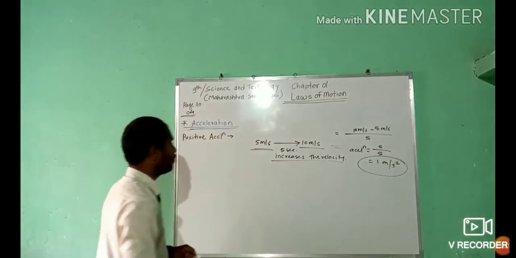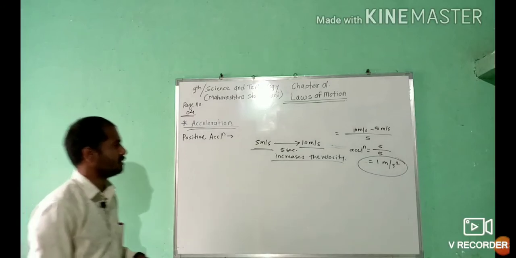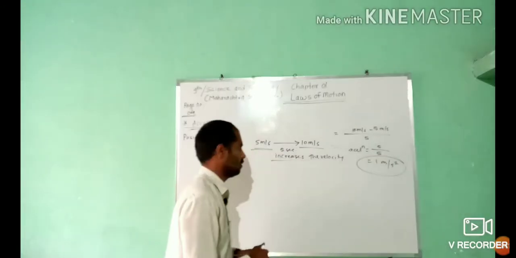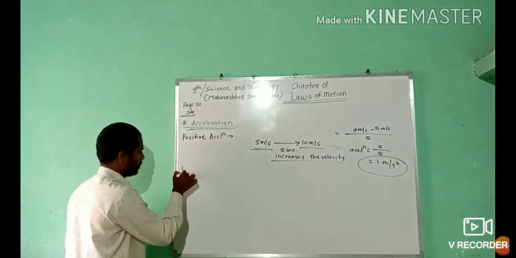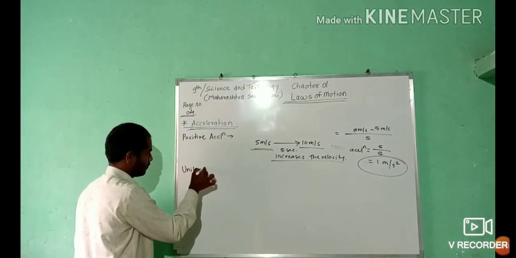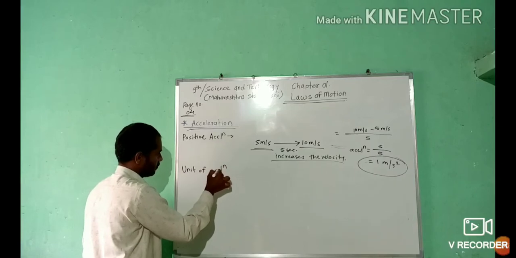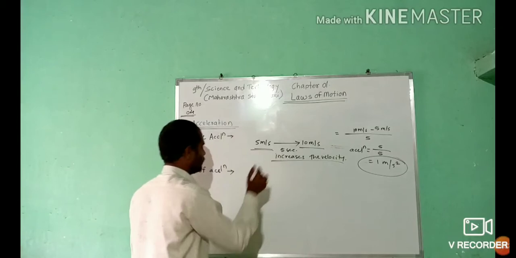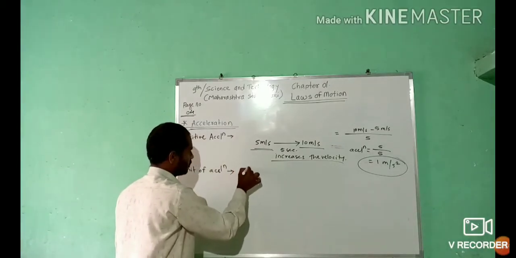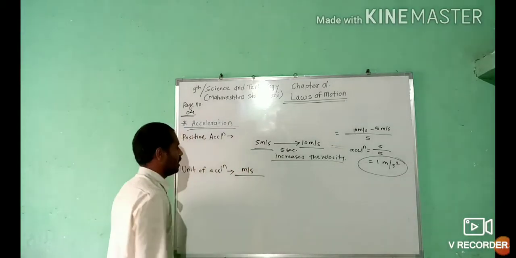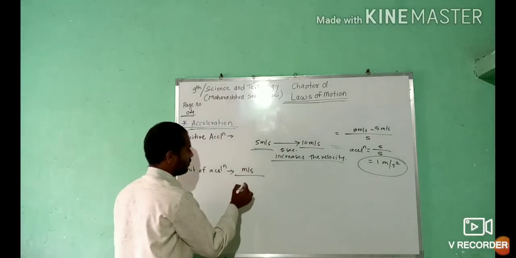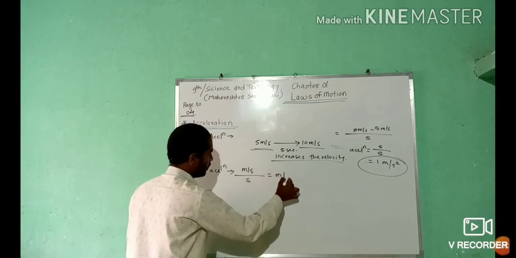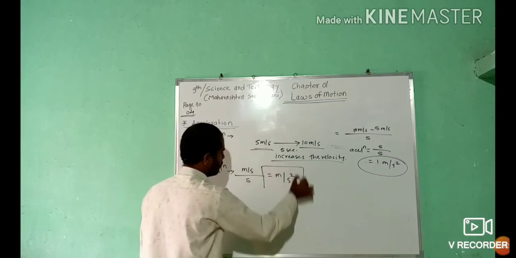Before moving to negative acceleration, we should know the unit of acceleration. What is the unit of acceleration? At the top there is velocity, whose unit is meter per second, and the unit of time is second, so it becomes meter per second square.